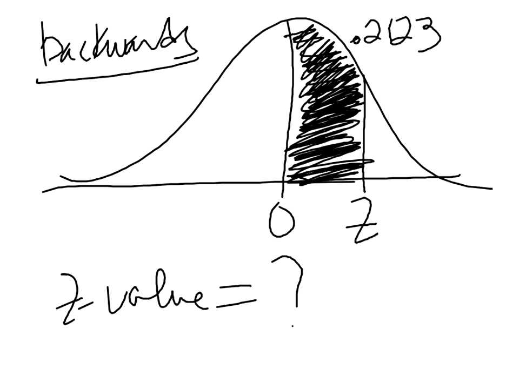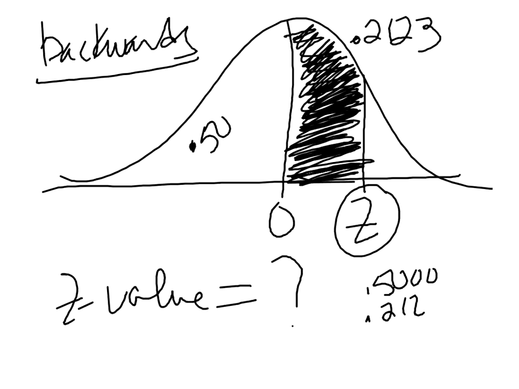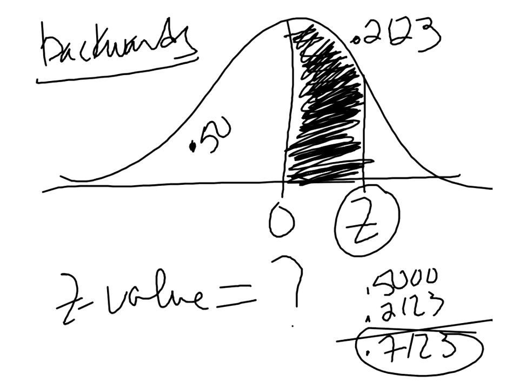However, our tables don't work that way, but we can recall that 50% of the graph is to the left there, and that we can find a z-value that's represented by 0.50, and 0.2123, or 0.7123. Okay, and that z-value is our answer.